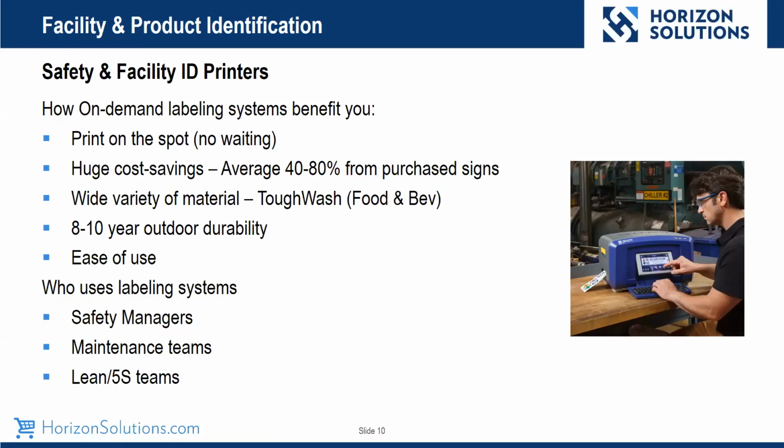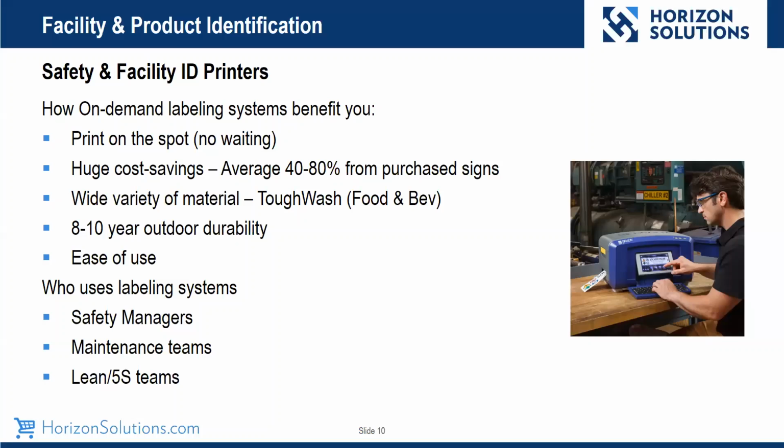We do have a wide variety of material that can be used with our printers. I like to touch on one called Tough Wash, meant specifically for the food and beverage industry. It's a material made to withstand the very abusive wash down cycles or high heat cycles in food and beverage applications.